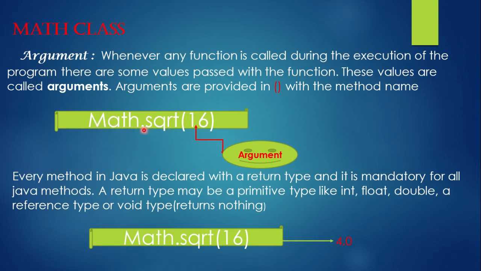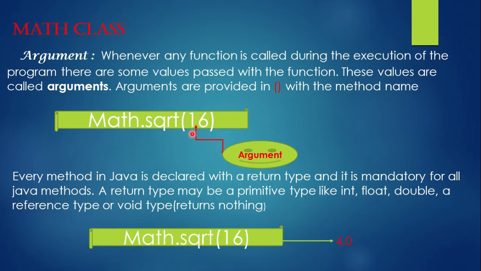See, Math.sqrt, this is a function. We are calling this function, and when the function is called, it needs some values to perform. So the value we are giving, 16, that is the argument here.